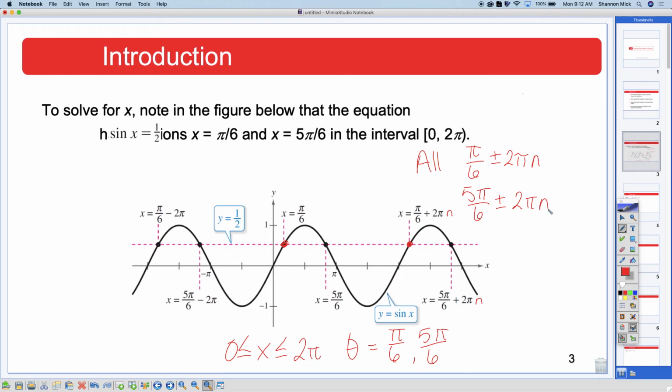See the difference? So when they ask for just between 0 and 2 pi, you just answer pi over 6 and 5 pi over 6. Make sense? And if they want all, what do you throw on the end of it? Plus or minus 2 pi n.